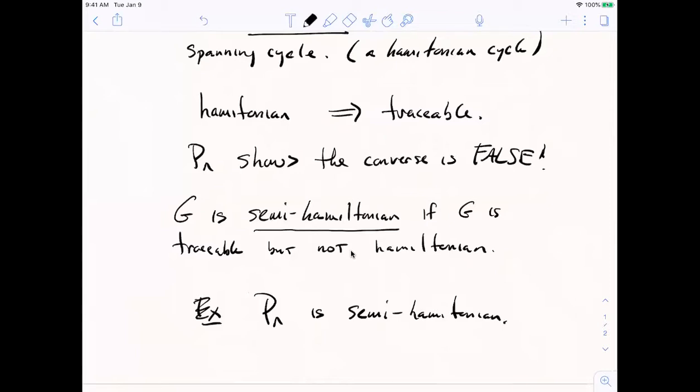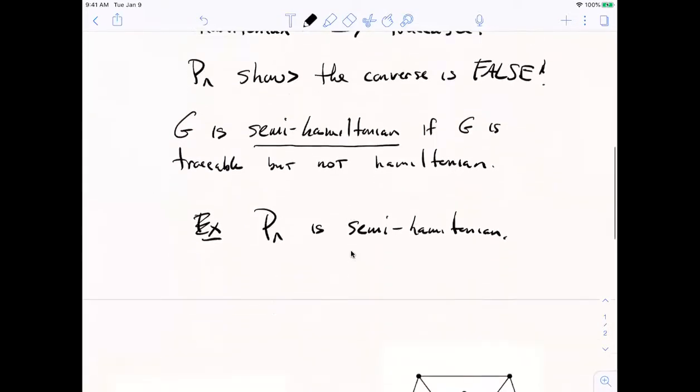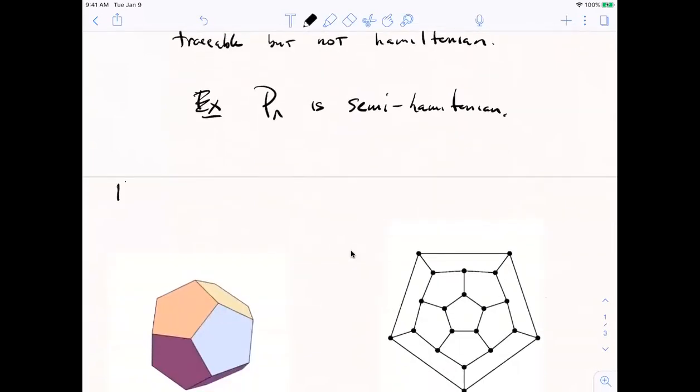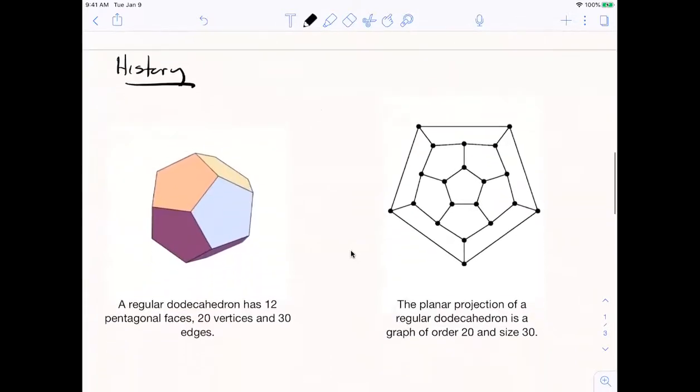Let's look at just a teeny bit of history of this stuff. I think people actually were studying Hamiltonian cycles and graphs before this bit of history came up, but it's kind of fun. So I've got a couple of images I want to show you here.